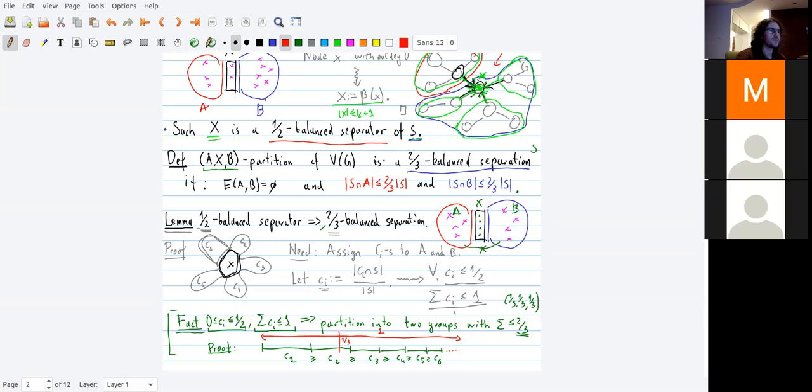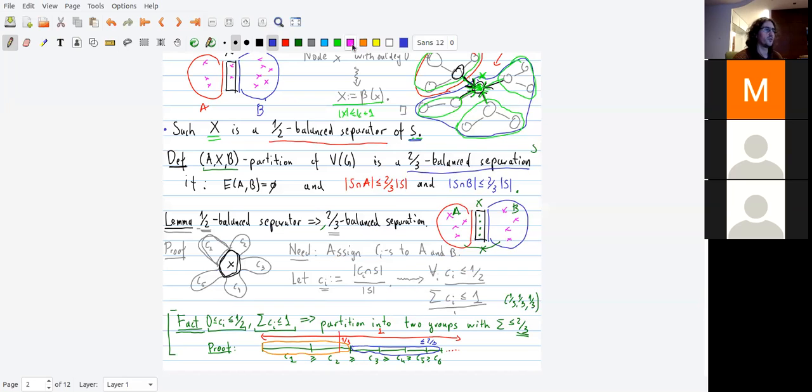How will I partition into 2 groups? The first group will be up to this peg at 1/3, rounded up. This is the first group, and the second group is the rest. Clearly the rest has total sum at most 2/3, because I've put at least 1/3 into the first group.